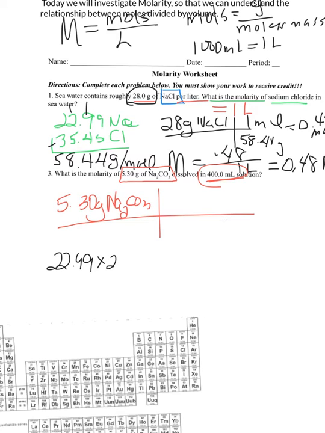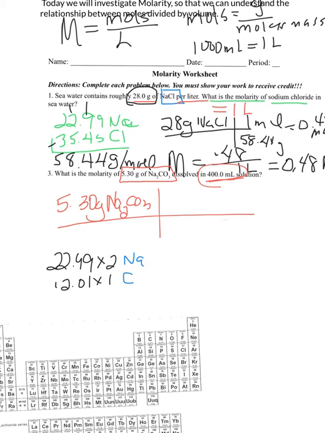All right, let me go back. This is representing sodium. Our next one is representing carbon. Carbon is 12.01, and we only have 1 carbon. So I don't need to multiply it by 1, but if you need to see that visual, we'll say times 1.